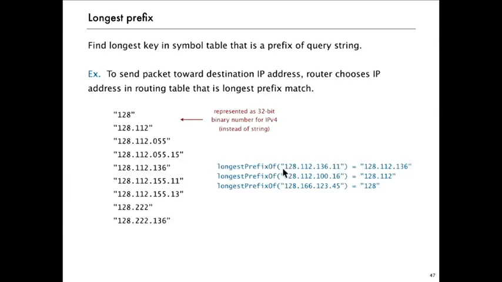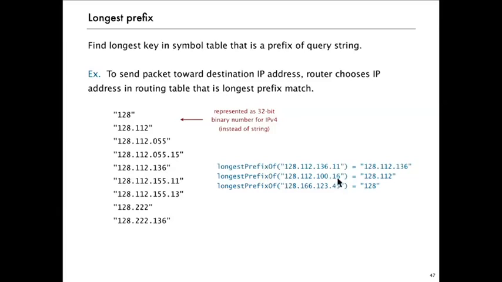So if you want to get to 128.112, you can think of these as hops on the way to where you want to get, where 11 is the final destination. And essentially this table says it knows how to get this far, and so that's what it wants, is the longest prefix.